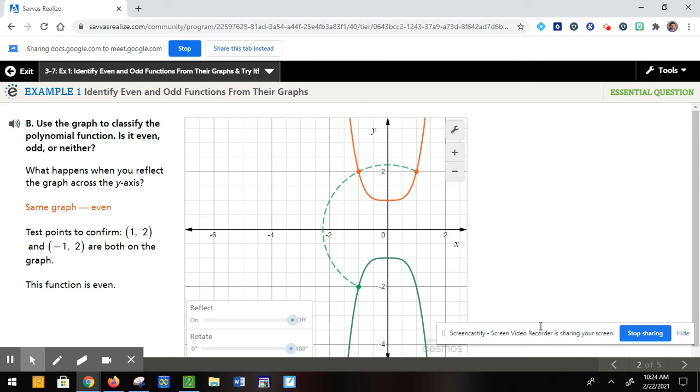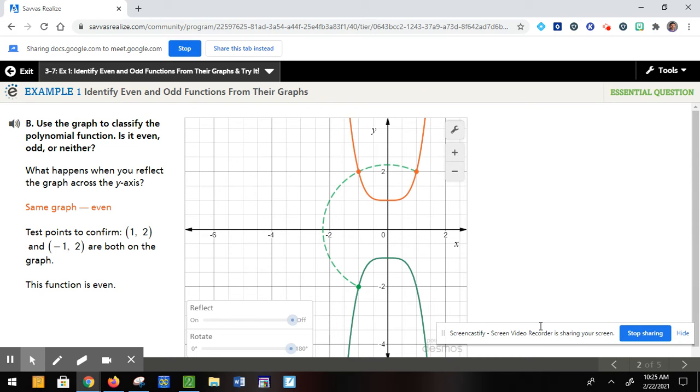Those test points make more sense if you think about this in the context of trying to figure out odd or even algebraically. One thing to consider, and we're going to look at this in example 2, is that a function is odd algebraically if you can substitute -x in, and what you get is the opposite of the entire original function.